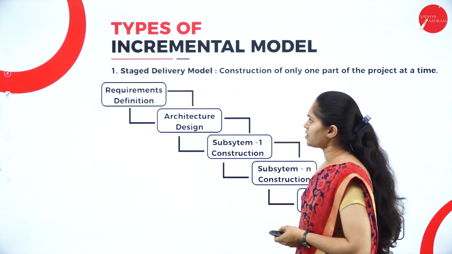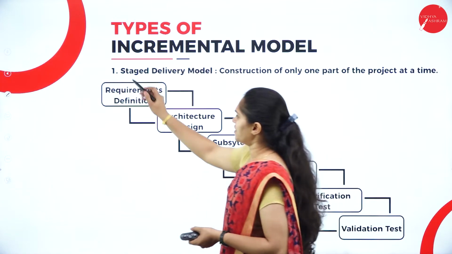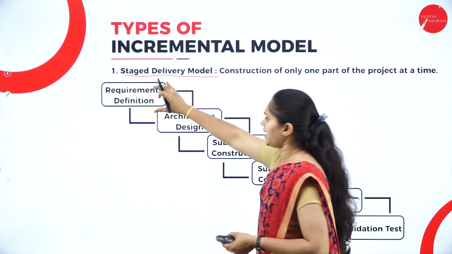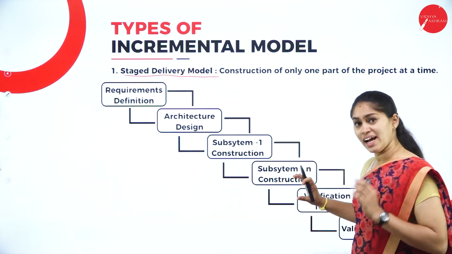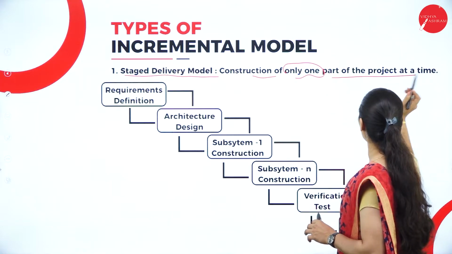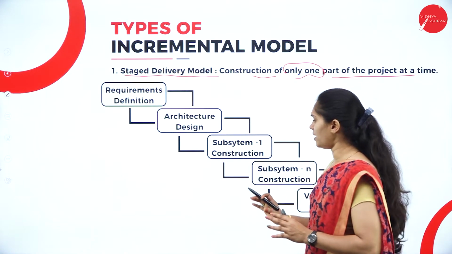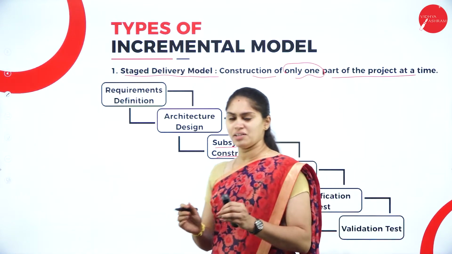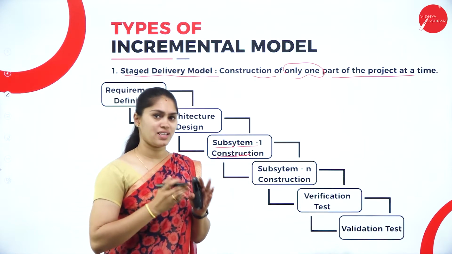And also we have types of incremental model. In that, first we have the staged delivery model. That means each part will be developed independently, with construction of only one part of a project at a time. For example, if you consider subsystem 1, we already know it will not be considered a single software or a single system.